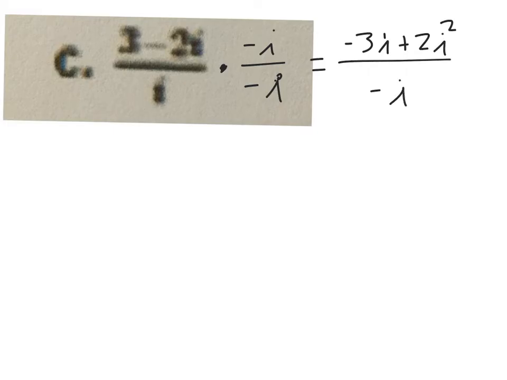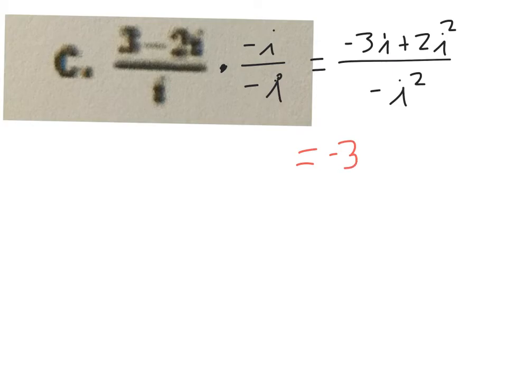Okay, so I've got 3 minus 2i over i. Multiply by negative i. So that's going to give negative 3i plus 2i squared over negative i squared.